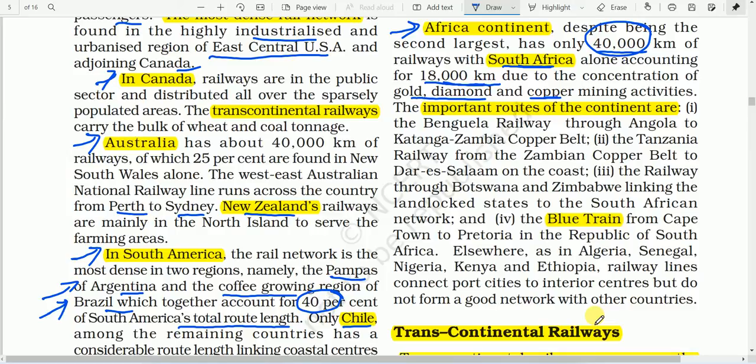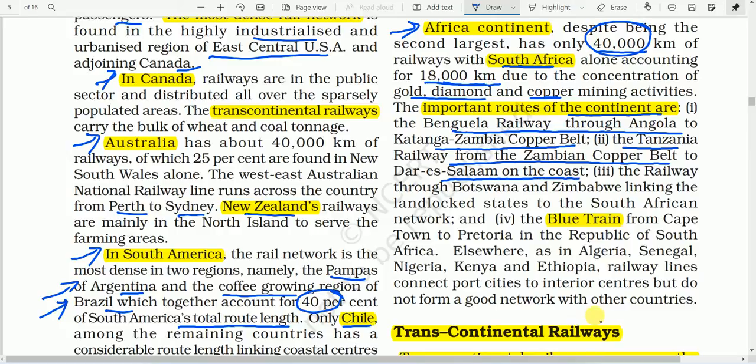The important railway routes of the continent Africa are these: the Benguela Railway through Angola to Katanga, Zambia Copper Belt. Then we have the Tanzania Railway from the Zambian Copper Belt to Dar es Salaam on the coast.